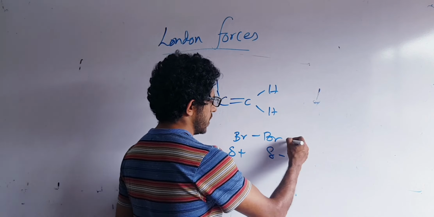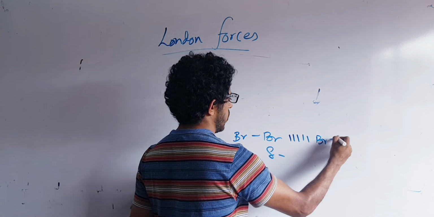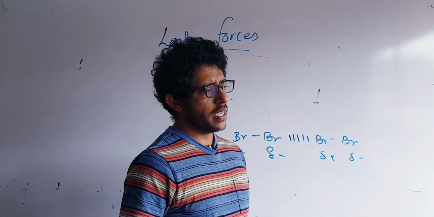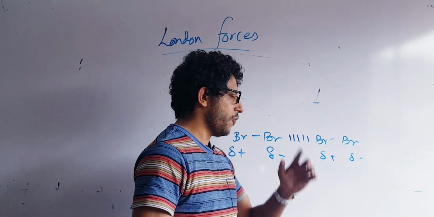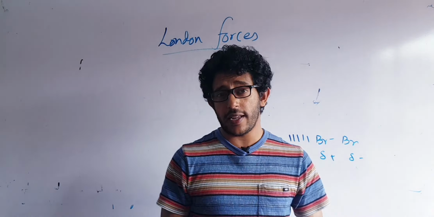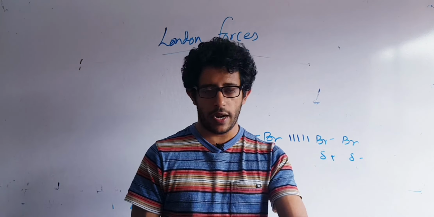So another bromine molecule can attract this one with its delta positive and delta negative terminals. That is what we call instantaneous dipoles, and that force of attraction is what we call London forces. The London force's strength depends on the number of electrons. The higher the number of electrons, the stronger the London forces.